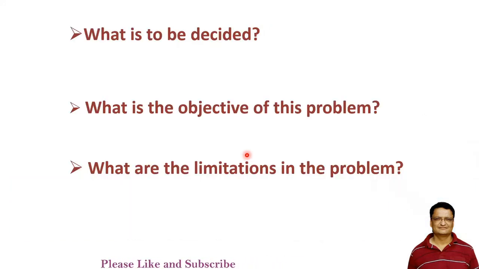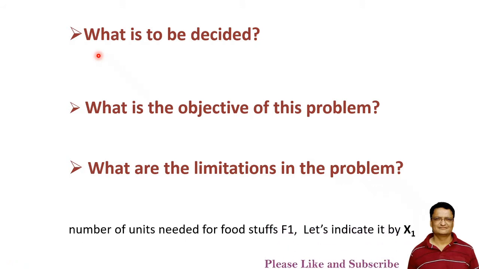Now if you want to formulate the LPP, we have to ask 3 questions and the answers to these 3 questions will give you a complete model. What is to be decided? Read the problem carefully and decide what is to be decided. What is the objective of this problem and what are the limitations that are provided in the problem? Okay, so let us try to answer these questions one by one.